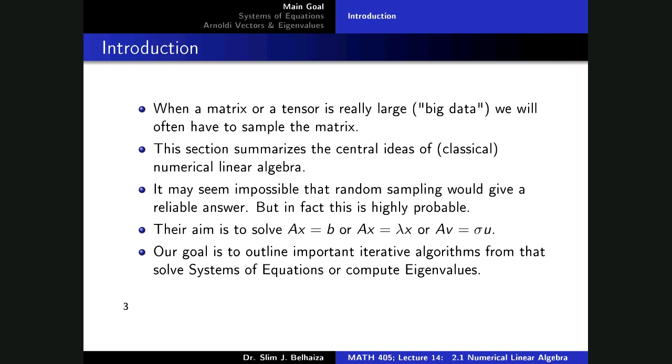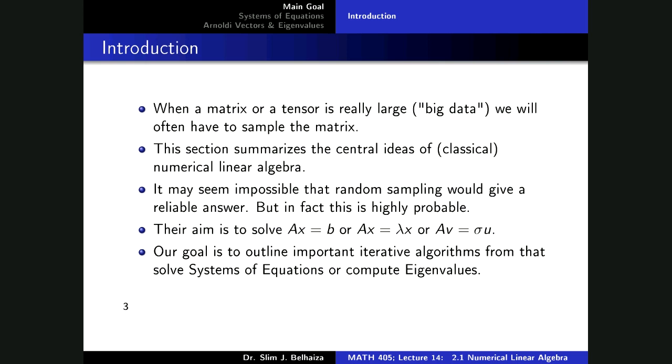This section summarizes the central ideas of classical numerical linear algebra. It may seem impossible that random sampling would give a reliable answer. But in fact, this is highly probable, and it works.